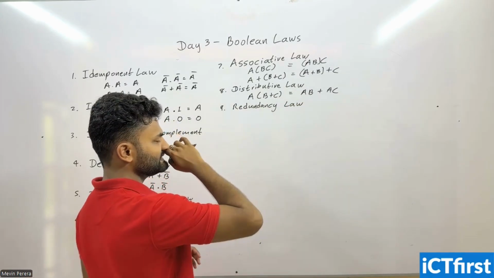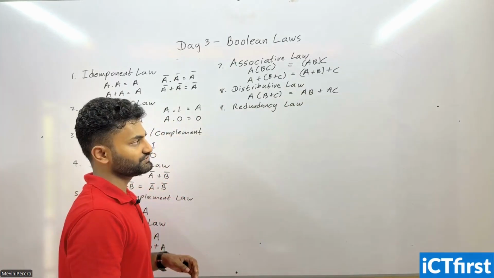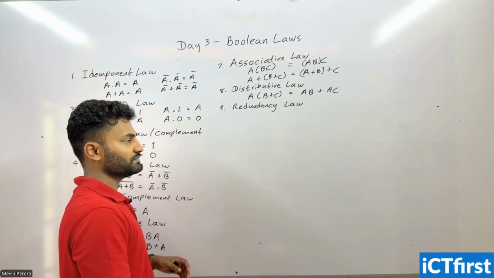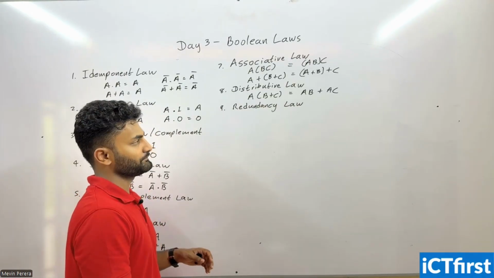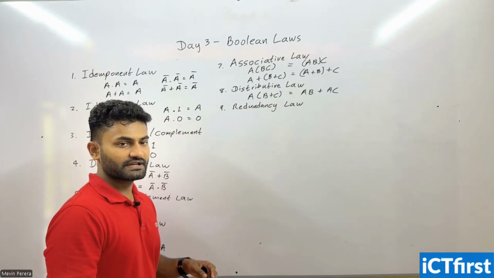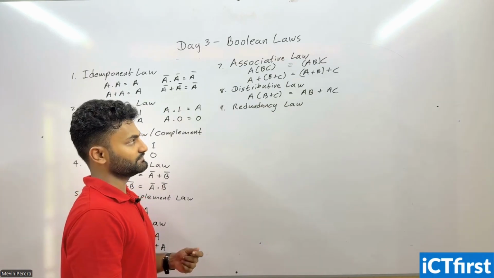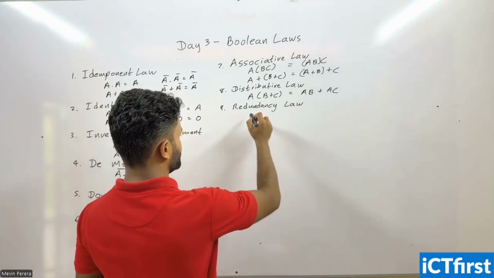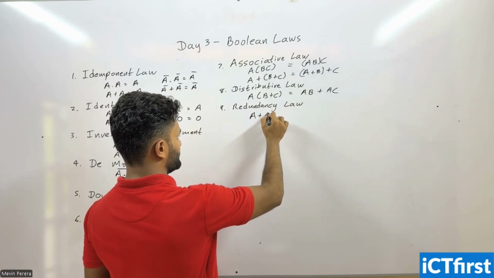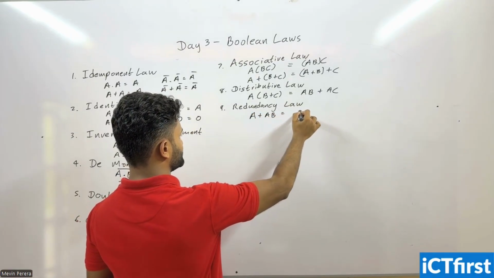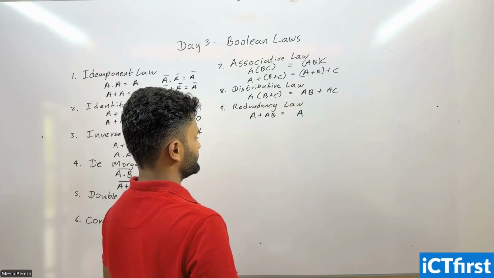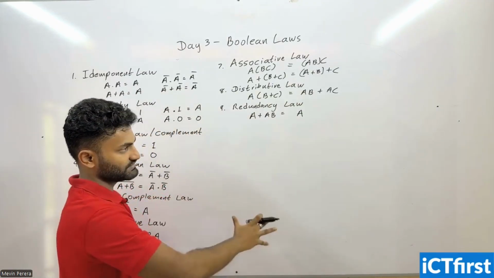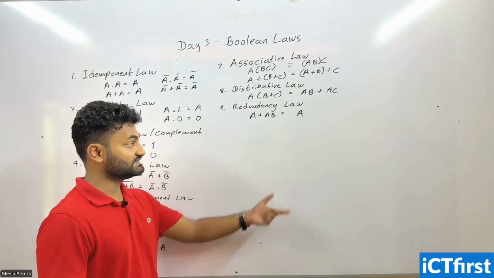Right? So this redundancy law, students, most of the time you don't have to use it. Again, instead of it, you can use the distributive law. You don't really need the redundancy law. But anyhow, A plus AB is equal to A. Okay, same thing. You can draw the logic gate and check whether this is true.